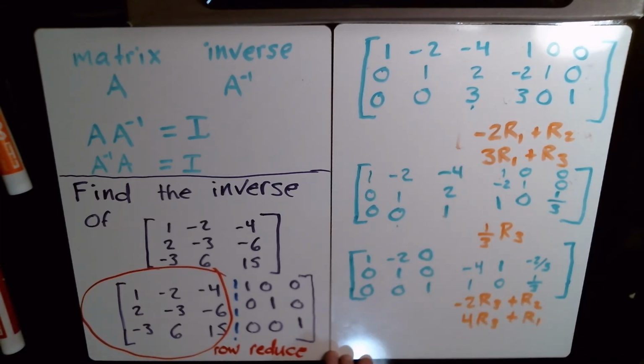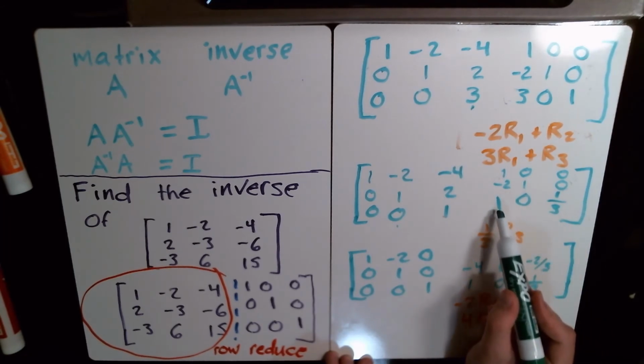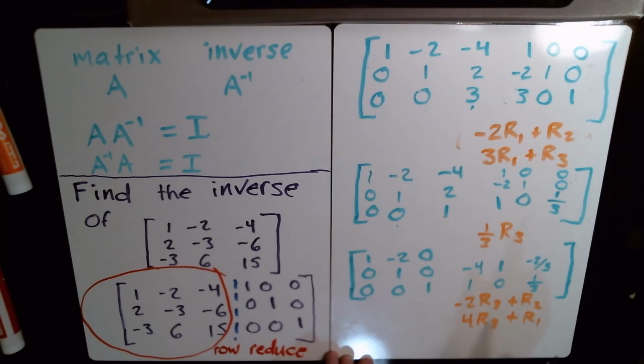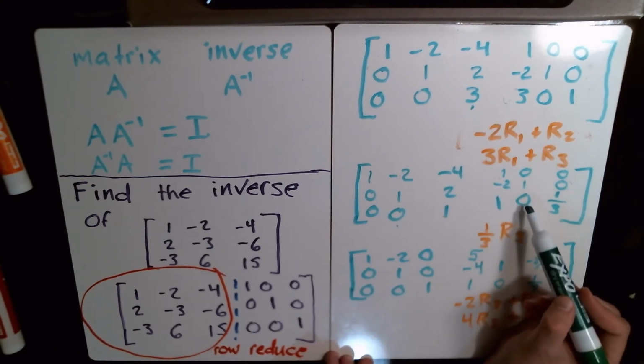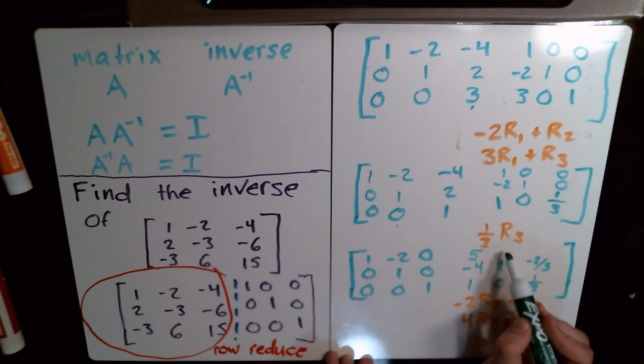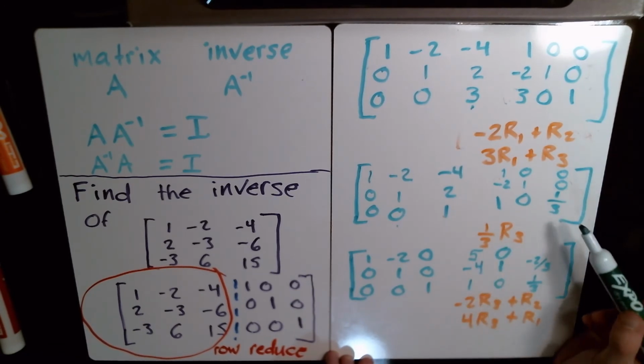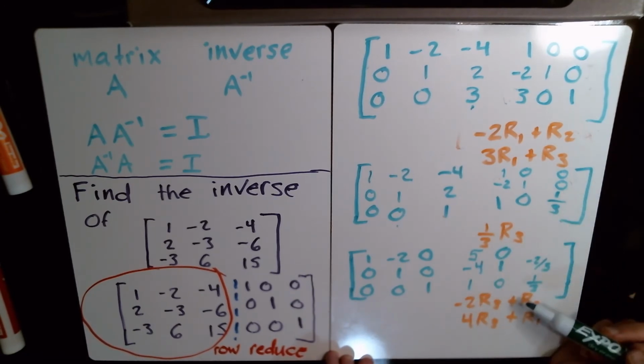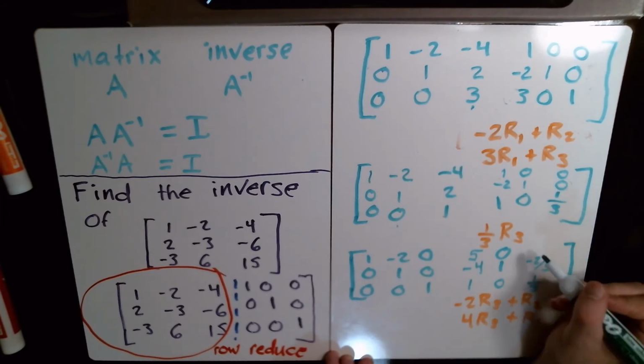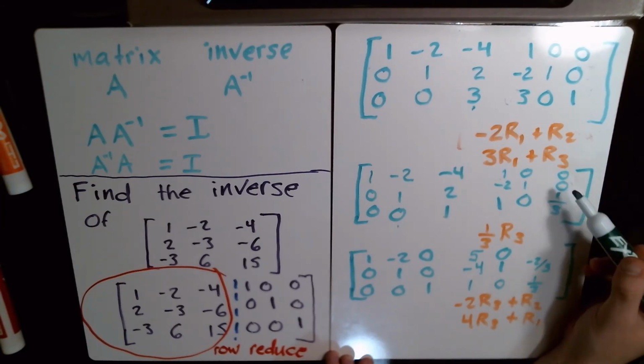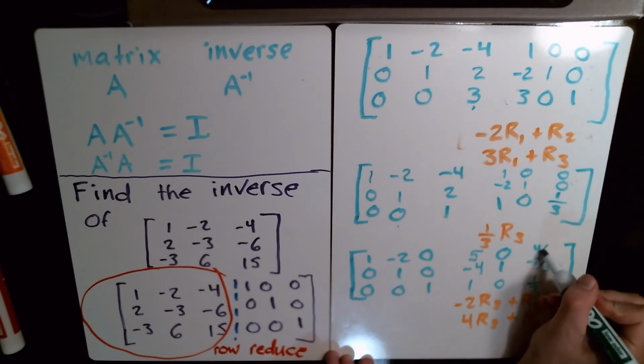Okay, 4 times 1 is 4, plus 1 is 5. 4 times 0 is 0, plus 0 is 0. And then 4 times 1/3 is 4/3, and then we're going to add it to 0, so 4/3.